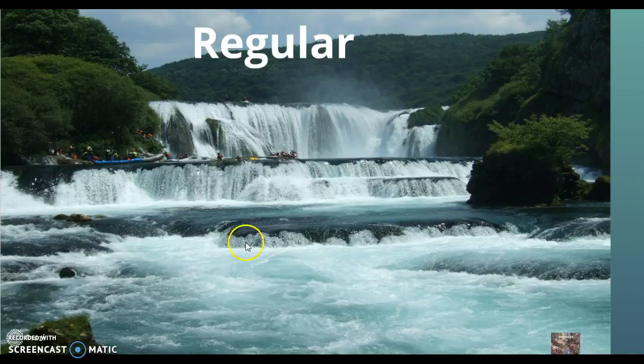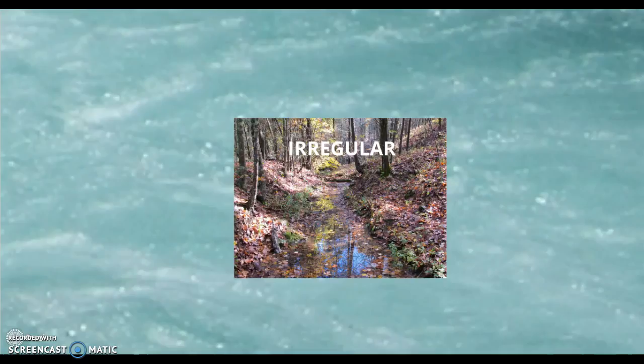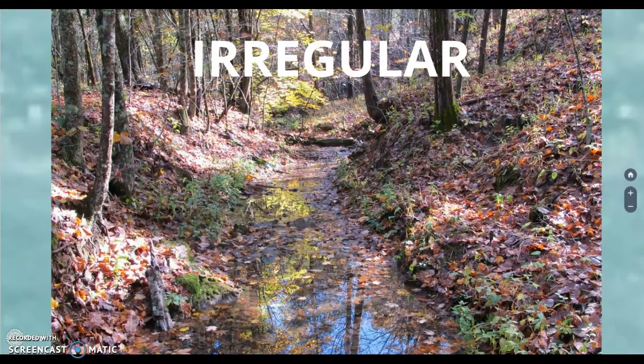Like this one in this image, which has the same water in the year. But in dry spaces, you have irregular flow, because it might be raining in spring or autumn, but in winter or in summer it is very dry weather. So that means the river won't have any water. So the flow of a river might be regular or irregular, as you can see.